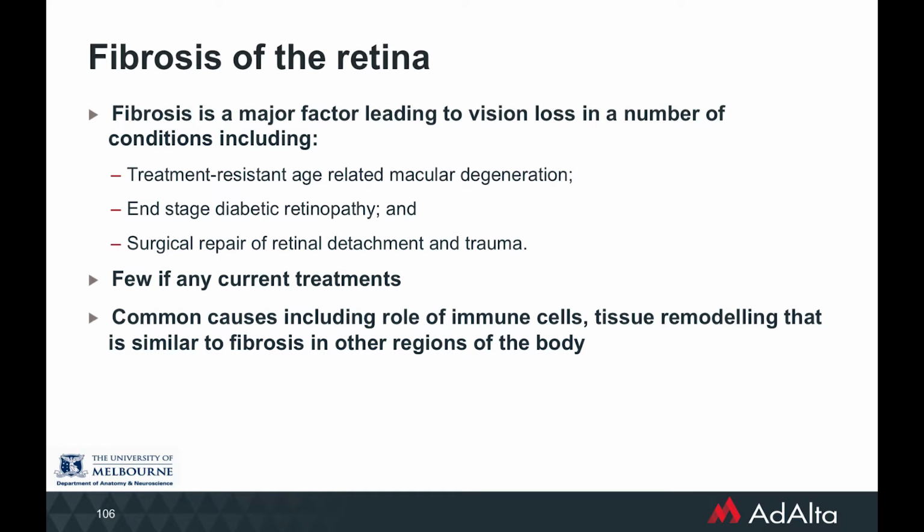Okay, so just to summarise then, our interest, as I said, is in wet AMD. We have preclinical models, that's what we do. I collaborate with clinicians. Robin Geimer is the main one, who heads the macular unit at the Eye and Ear Hospital. So what we're looking at is what the mechanisms of the wet AMD are in preclinical models, and whether the various drugs and so forth are efficacious.